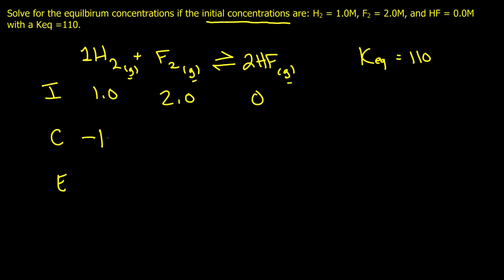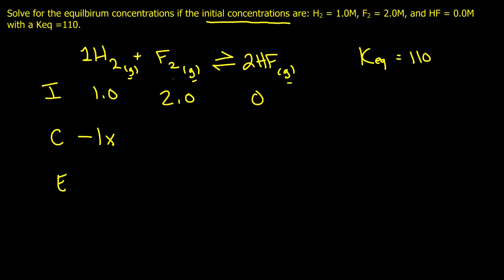And X is the unknown value that it's going to change by. So let's look at that one more time. Since it's a reactant, it's always going to be lost by 1 times the amount, and that amount we don't know yet. We've got to solve for it, so that's going to be X.